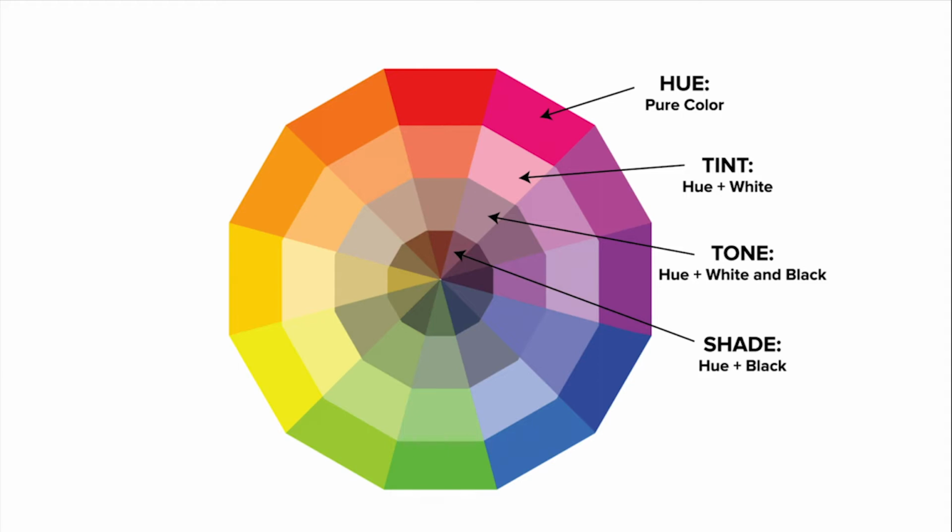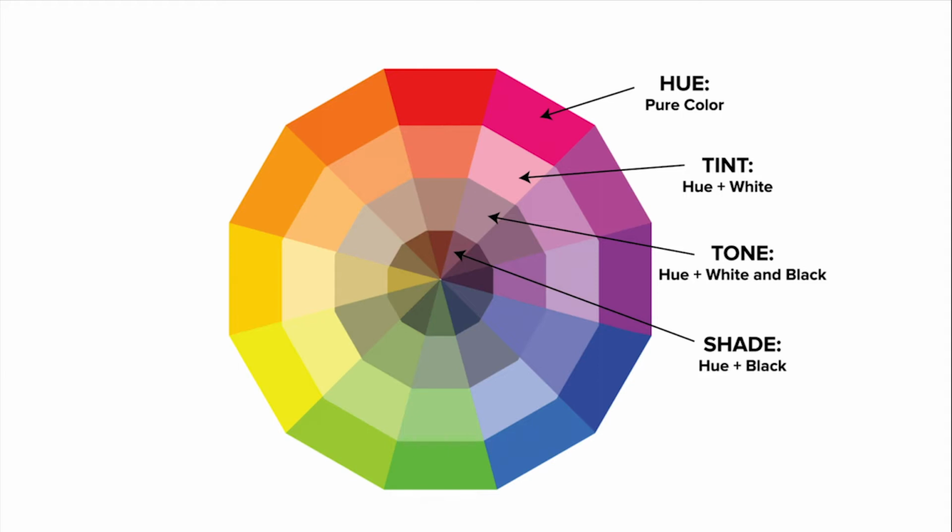So you have four different versions, or chromas, of the same color. As a general rule, when you're creating a color palette, you wouldn't want to pull all colors from the same ring of the circle. As you're looking at this, you don't want to pick all colors that are in that second ring, the tint ring, because they're all going to have that same intensity.